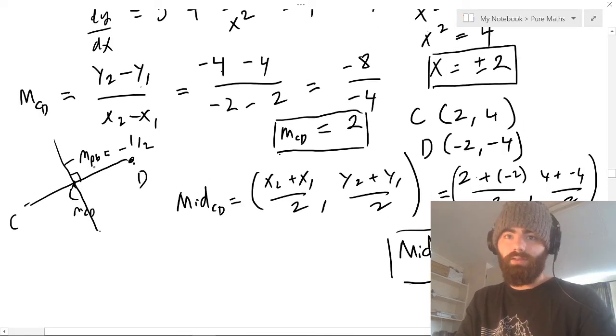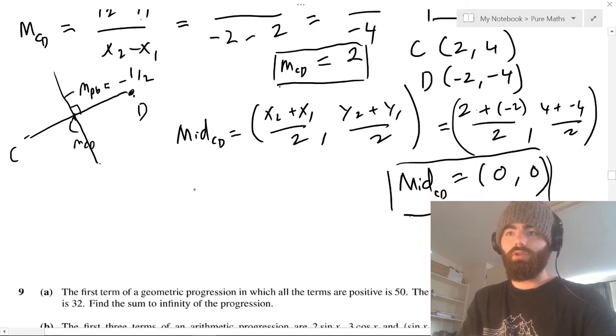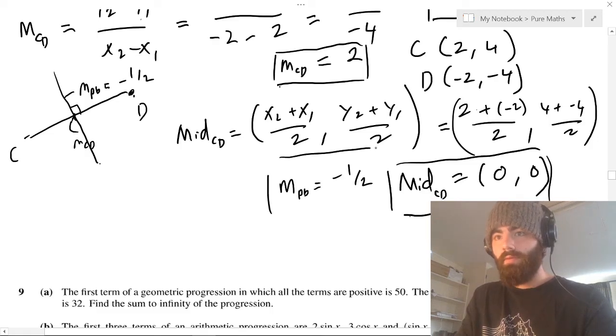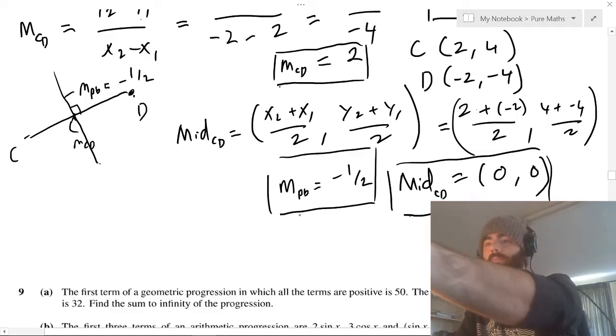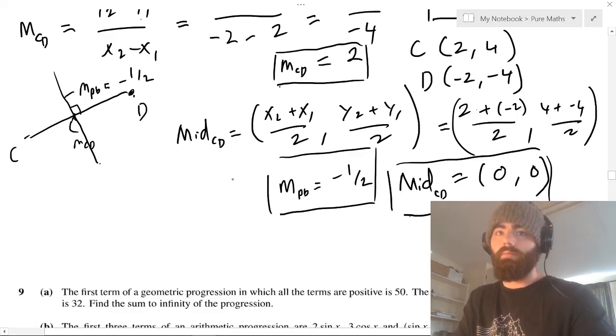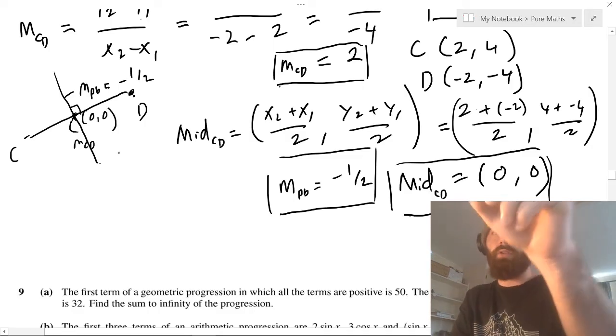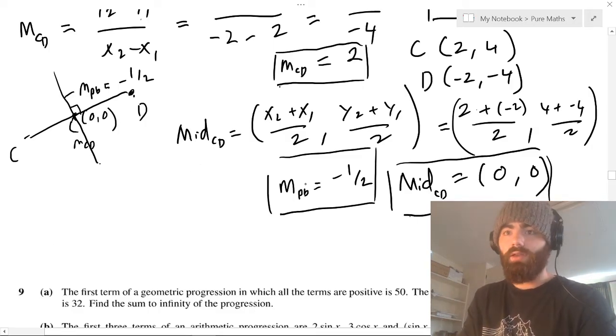And the gradient, okay, so we've got 2 things now. We've got the midpoint of CD, and we have the gradient of our perpendicular bisector, which is minus 1/2. So we have a point on that perpendicular bisector, which is 0, 0, and we also have the gradient of the perpendicular bisector. So therefore we can find the equation of the line.